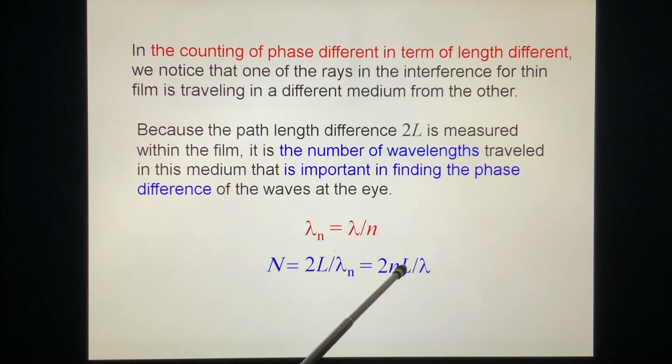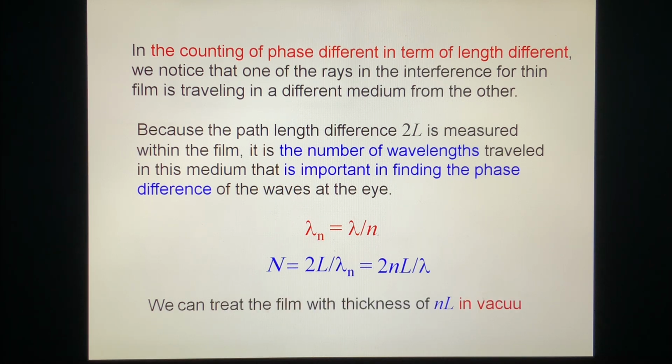The length L in a medium with index of refraction n can be equivalent to nL length in vacuum, and this is the wavelength in the vacuum. Okay, it's very clear. You can treat the film as having thickness nL in vacuum, so you divide by the wavelength of the vacuum. Either way, you can do it.